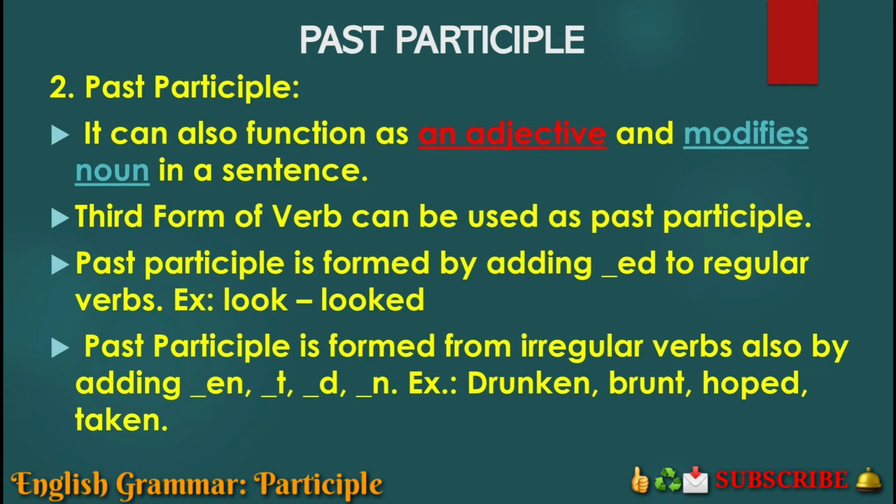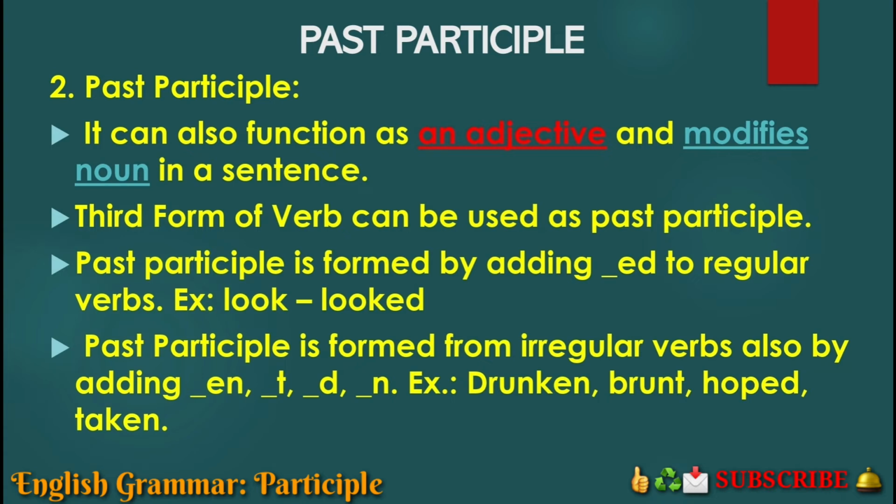The third form of the verb can be used as a past participle. Students, you may know the forms of verb: first form, second form, and third form. For example, take, took, taken. The third form of the verb can be used as a past participle. The past participle is formed by adding ed to regular verbs.